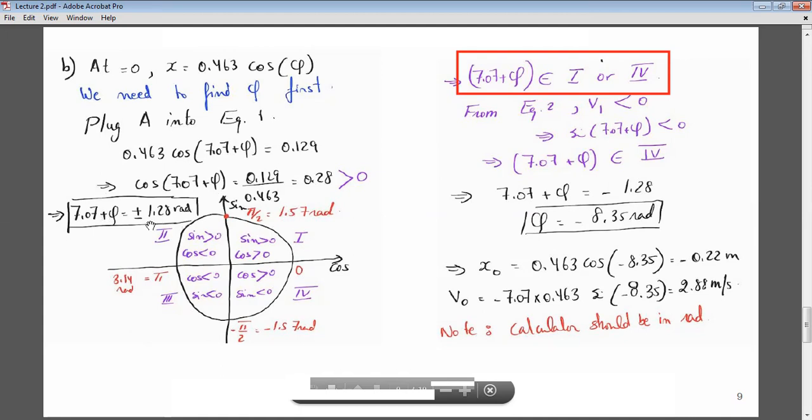But we have to remember that it is not the only answer. It can be plus 1.28 or minus 1.28. We have to remember that cosine alpha is equal to cosine minus alpha. So here we use the fact that cosine of an angle, let's call the angle theta, is equal to cosine of minus theta.